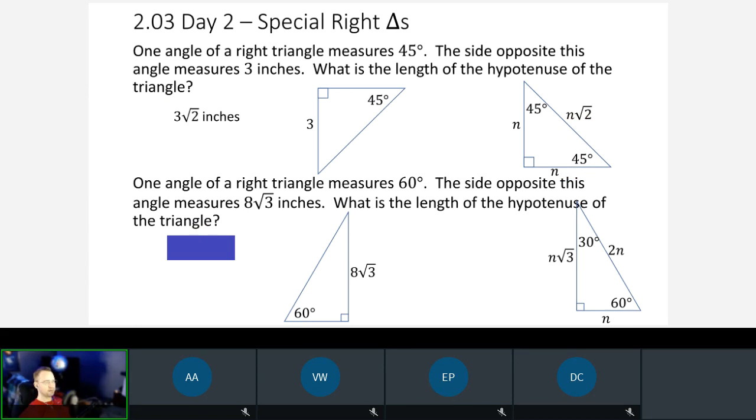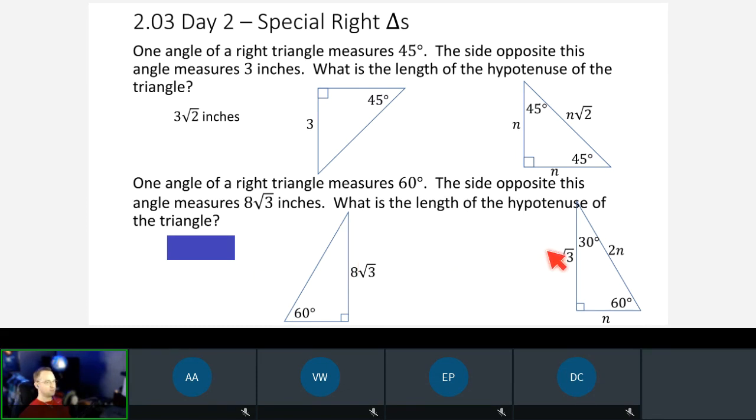Second one here, I give you this stuff. We want to find the hypotenuse. It is easier going from the leg coming off 60 degrees because we just have to multiply by 2 going from leg to hypotenuse. So it looks like I give you the leg coming off the 30 degrees.